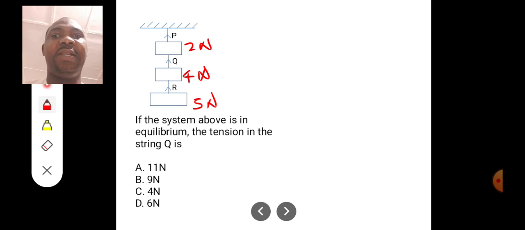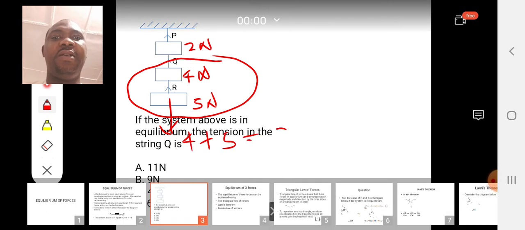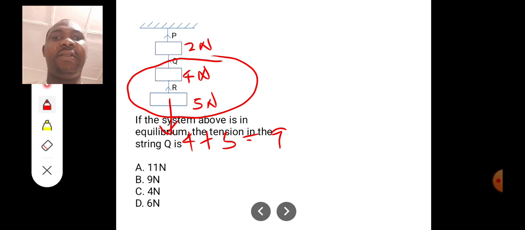The string Q is acted upon by two forces acting downward. And what are those two forces? 4 and 5 newtons. So altogether will give us 9 newtons. So the answer to this question is 9.